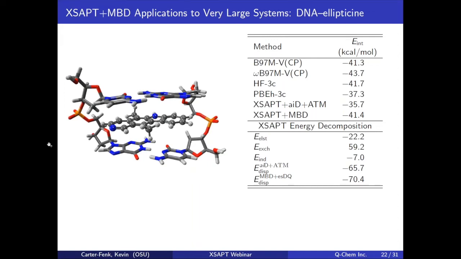So we've computed the interaction energy using two of the best functionals for non-covalent interactions, and those are the B97M-V and omega B97M-V, and they're both counterpoise corrected results. And our XSAPT plus MBD procedure captures the total energy to within these DFT benchmarks quite well, and deviates only from the B97M-V result by 1/10 of a kcal per mole.